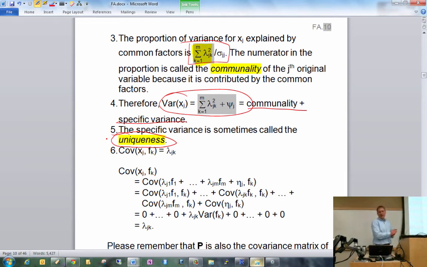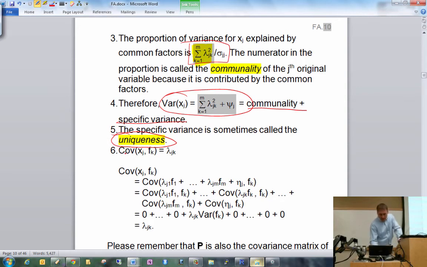And so people like to use the word uniqueness to describe them. Again, I'm introducing this terminology because you might see it later. In particular, in R, you will see something in our output referred to as uniqueness.